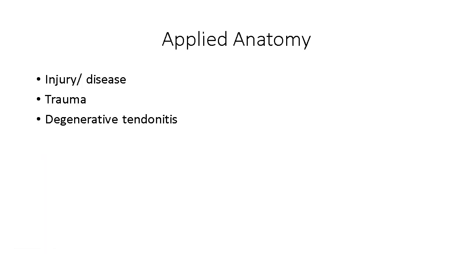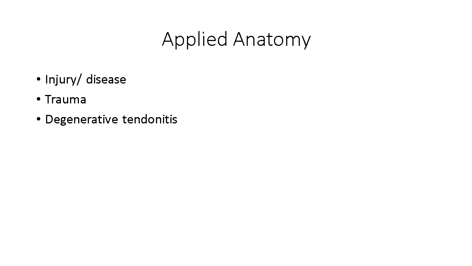Now after studying the detailed anatomy of the rotator cuff, we must know its clinical importance. Any injury or disease may damage the musculotendinous rotator cuff, and it produces instability of the glenohumeral joint. Next is trauma. Trauma may tear one or more tendons of the four muscles: subscapularis, supraspinatus, infraspinatus, and teres minor.